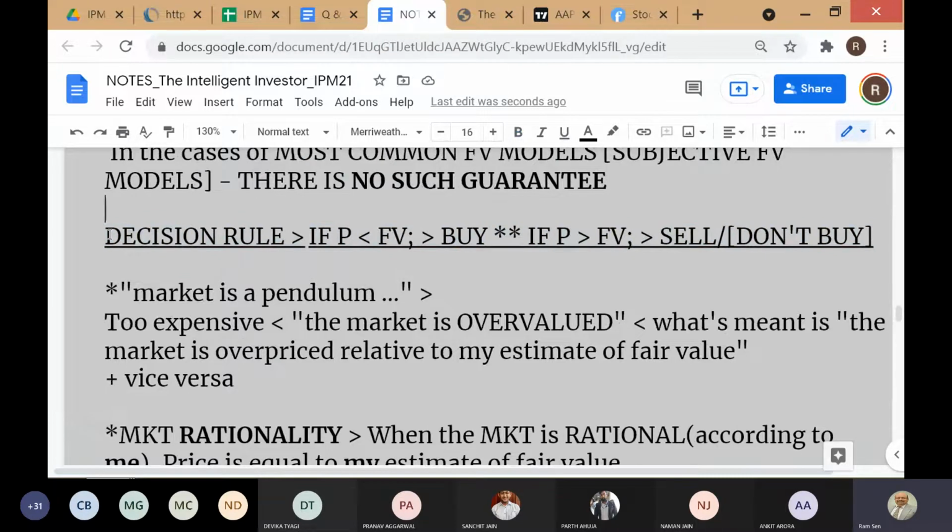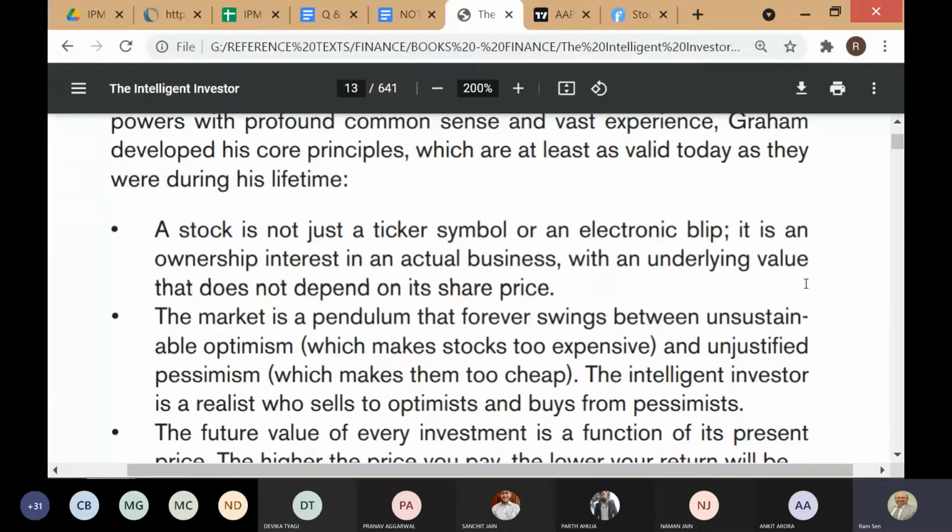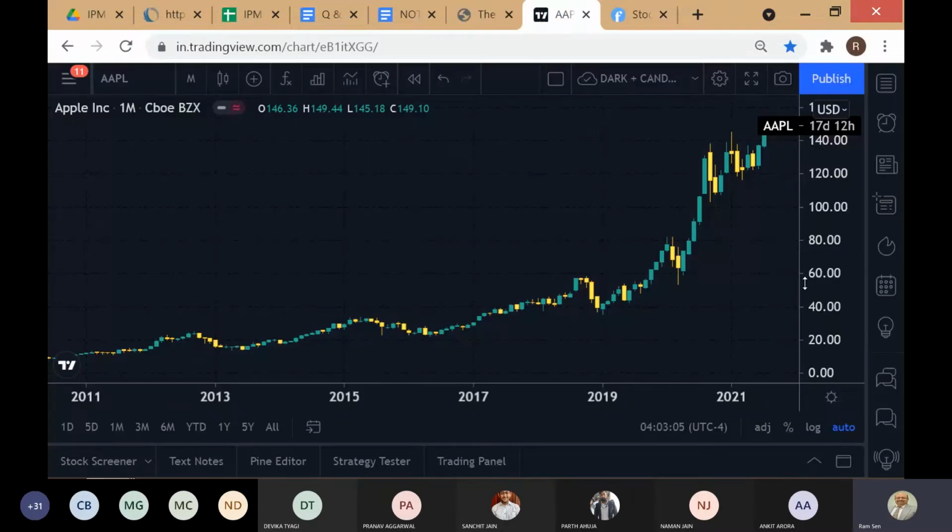This don't buy is important because a lot of the traditional investing, if you see the way that MBA courses are structured in most business schools, they talk, implicitly actually, about traditional asset management, which is basically long only positions; they don't go short, and they are confined to stocks and bonds.